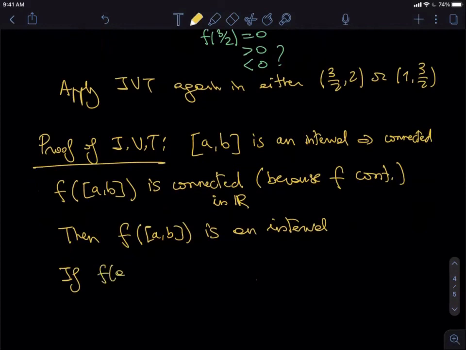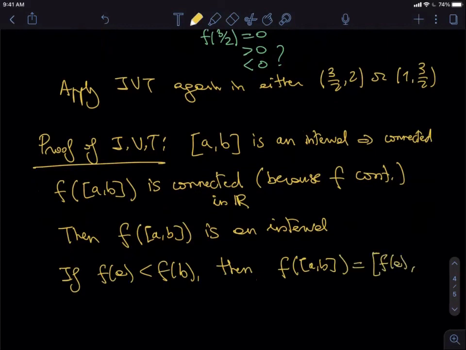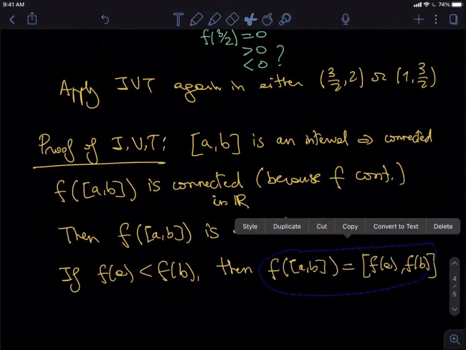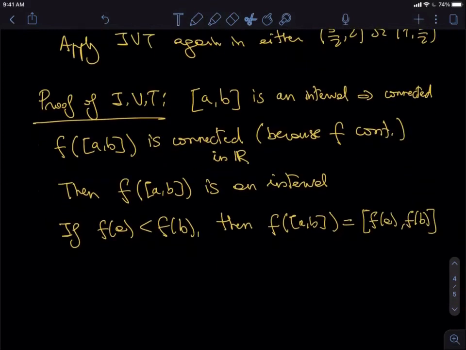Let's say if f of A is less than f of B, then we know what the interval is. Then the interval must be f of A to f of B. Okay, if f of B is the smaller one, then the interval would be f of B to f of A. But that's it.